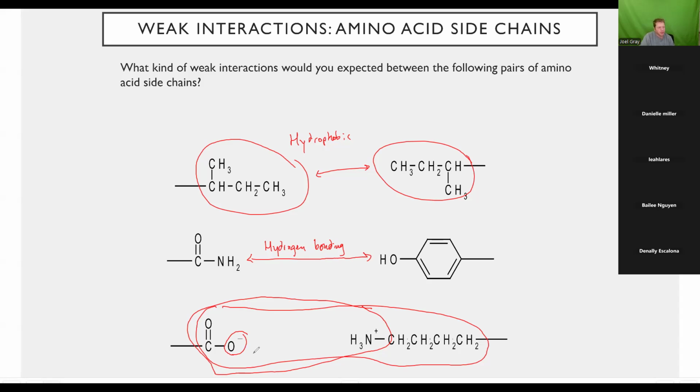It wouldn't be a peptide bond that's formed. You're not going to see an additional peptide bond form because they're not going to get in close enough proximity, whether through hydrogen bonding or ionic interactions between these two right here.